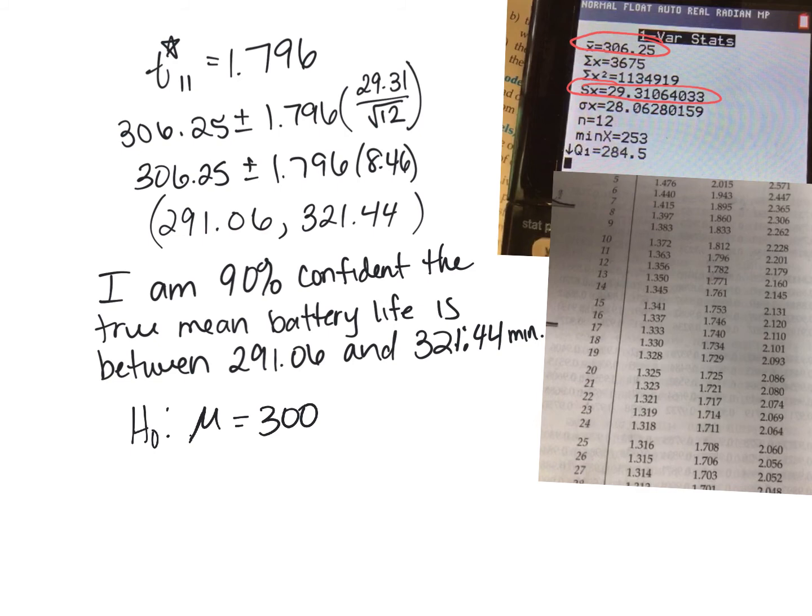What would the alpha level be for 90% confident? 0.05. 90% confident has 5% in each tail. The tail probability is the alpha level. So for 90% confident, it's 0.05. If it was 99% confident, then your alpha would be 0.005, right? 0.5%.